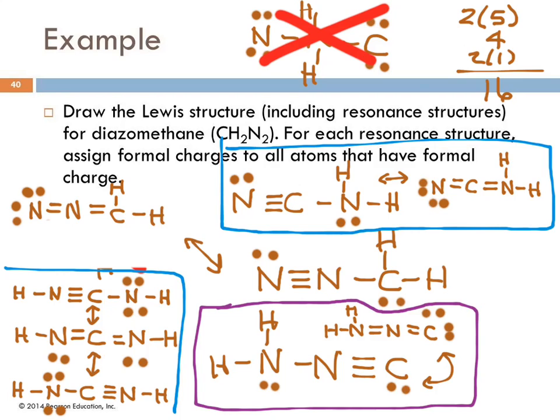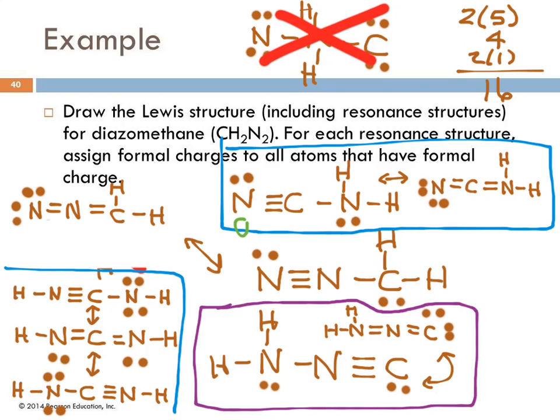We have way too many possibilities, don't we? Way too many. But we'll get lots of practice with our formal charges. Okay, let's start over here. This nitrogen, what is the formal charge? 0.